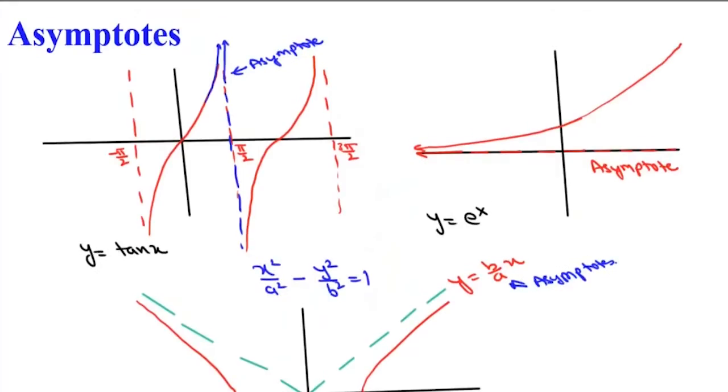Now we can categorize these asymptotes in two parts: rectangular asymptotes and oblique asymptotes.